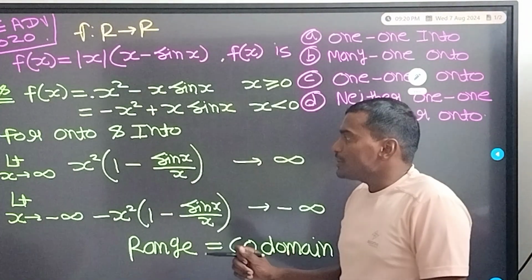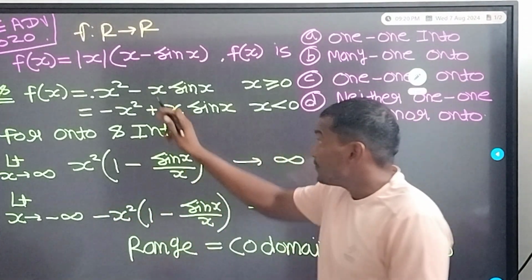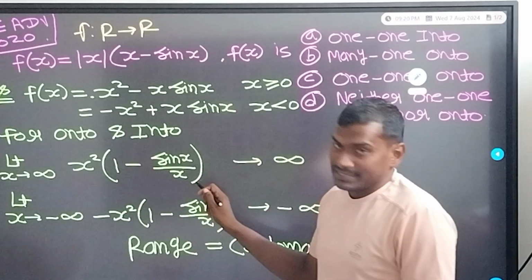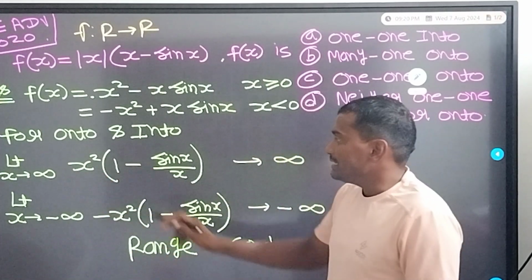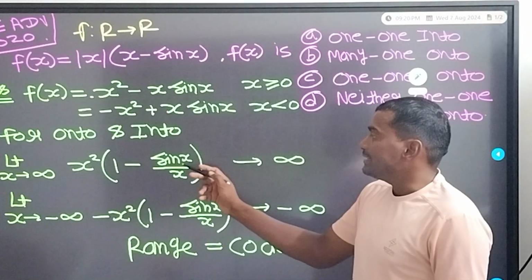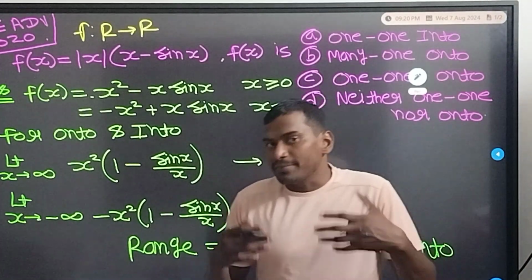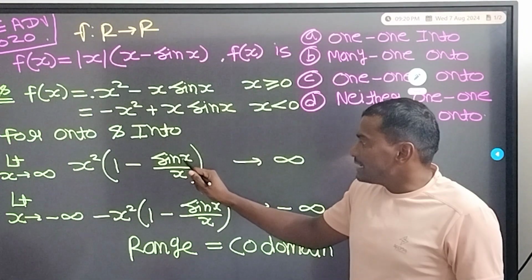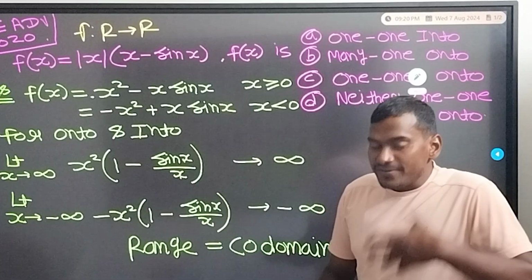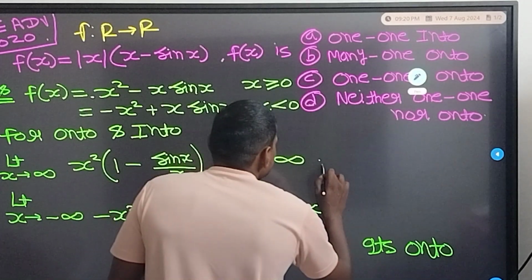So if x is going to infinity, first branch, we are taking x square common, we got this. Sin of infinity is oscillating between minus 1 to 1. Something oscillating between minus 1 to 1 divided by infinity will be 0. So this is 1, so it is infinity. If x is going to infinity, f(x) is also going to infinity.